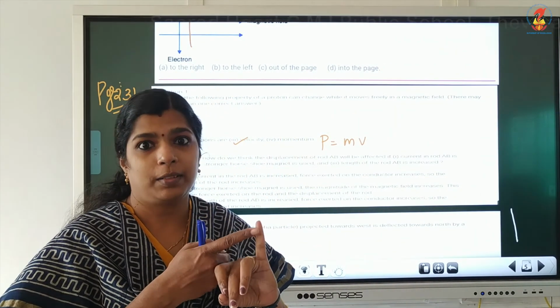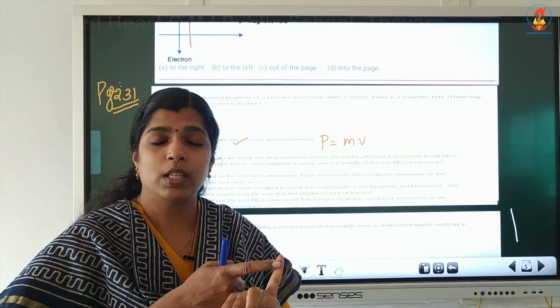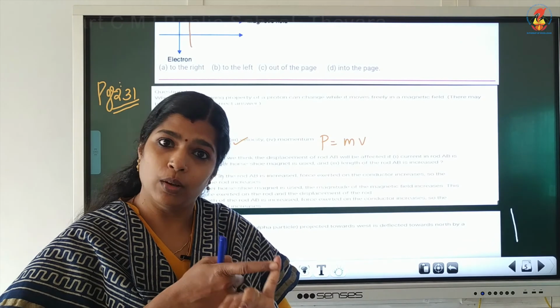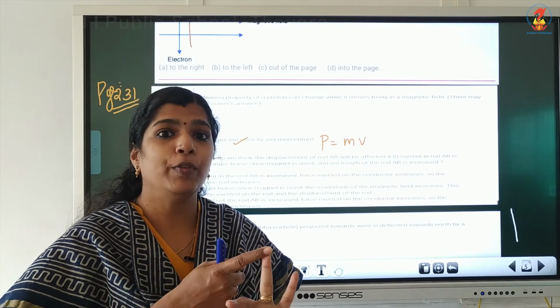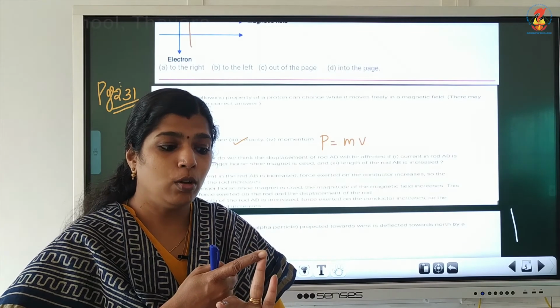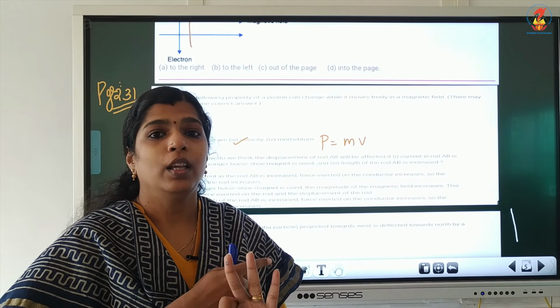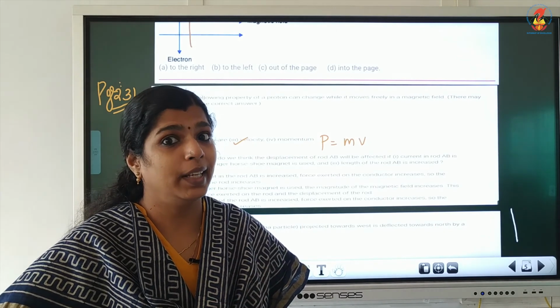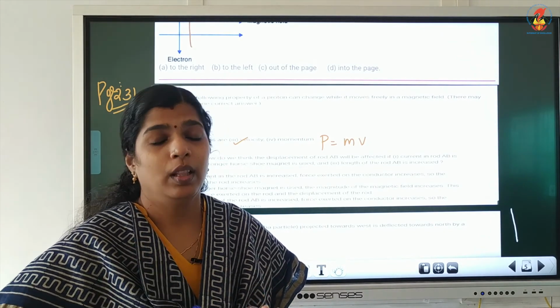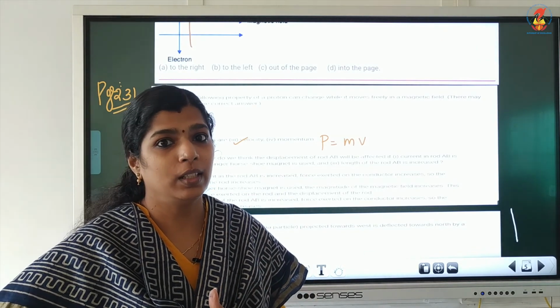If we increase the current, the force experienced by that conductor will be more. If we increase the strength of the magnetic field, it will also experience more force. If we increase the length of that conductor AB, the force will be more.